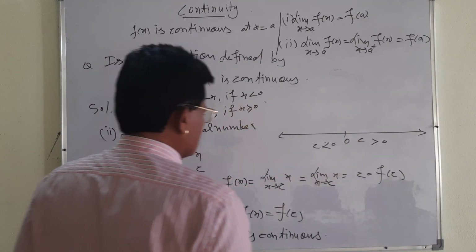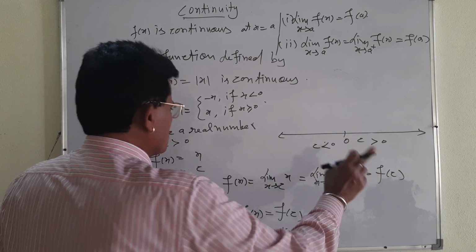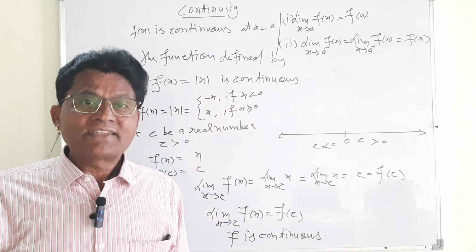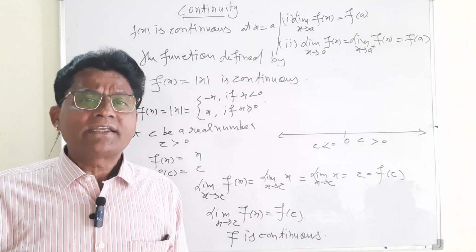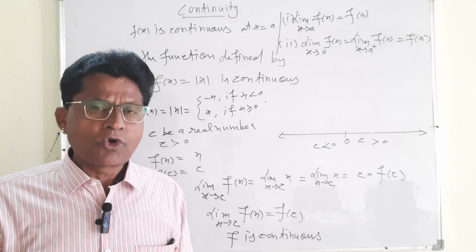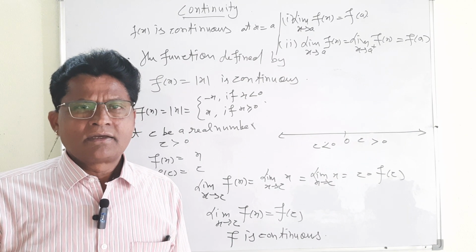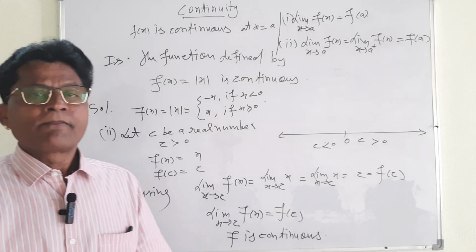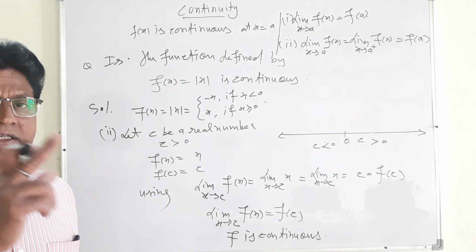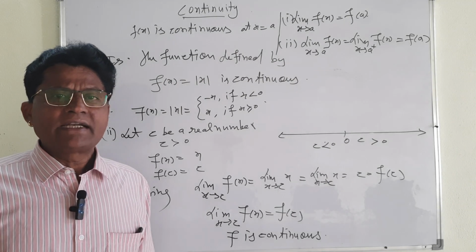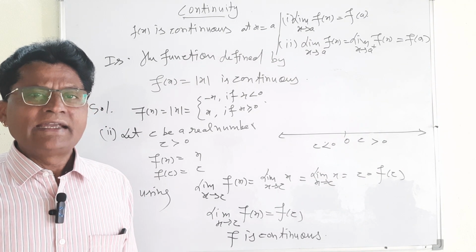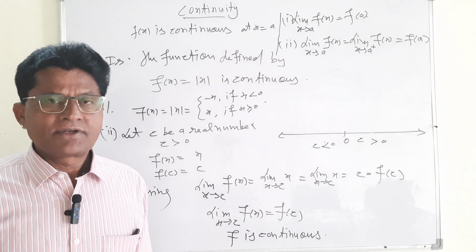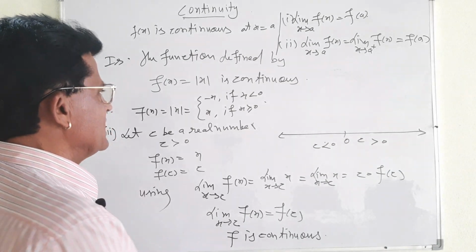F is continuous in this case also. The function is continuous at all real values, on the domain, the absolute value of x. My dear student, as I discussed in my previous videos, absolute value of x is not differentiable, but it is continuous. Very important for your competitive examination.